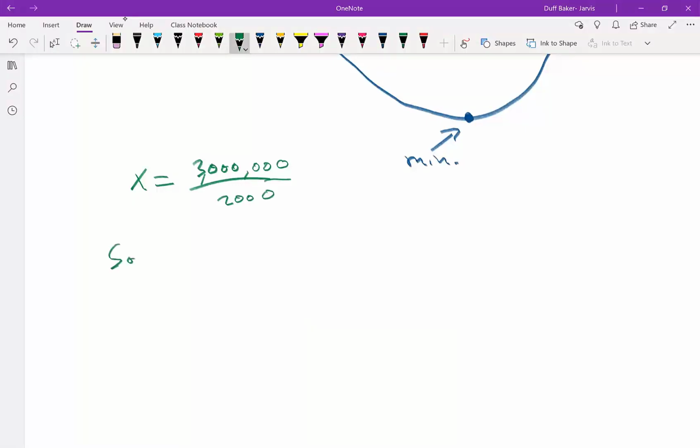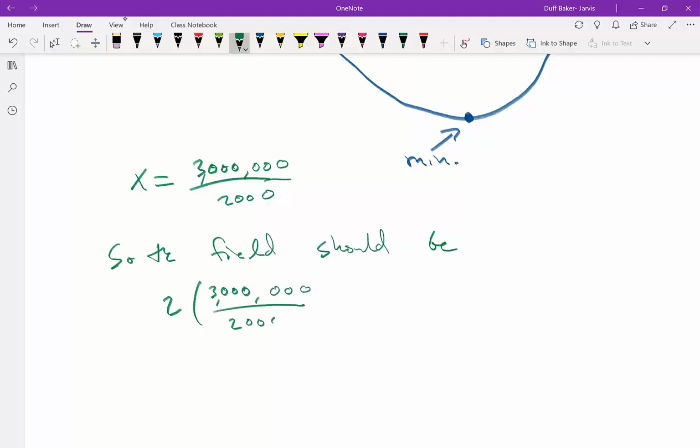Okay, so the field should be 2 times this, because 2x was the total width, by, so this amount of feet was our 2x, by, maybe I'll just write the word by, y was 2,000 feet.